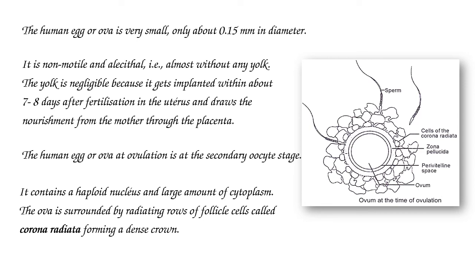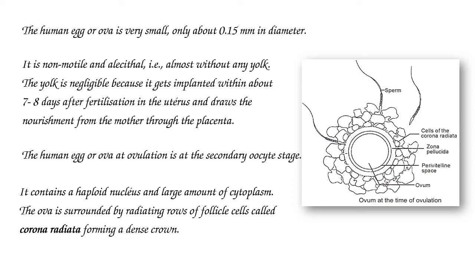The human egg or ova at ovulation is at the secondary oocyte stage. The secondary oocyte contains a haploid nucleus and large amount of cytoplasm, and the ova is surrounded by radiating rows of follicle cells called corona radiata, forming a dense crown.